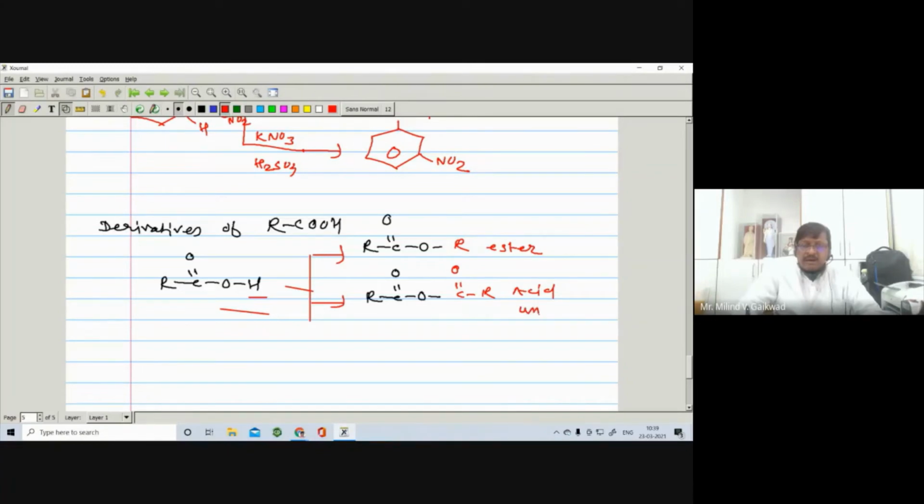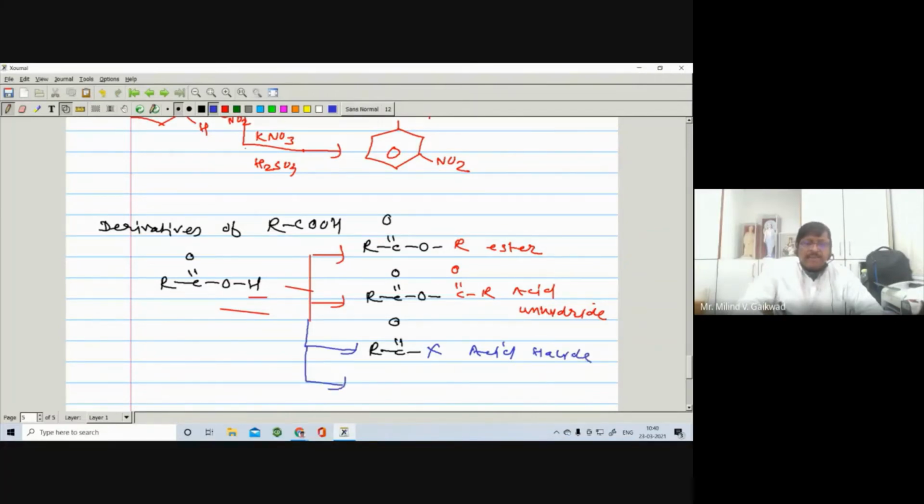Acid anhydride. So you have replaced the H, and you get this type of example. Suppose OH is replaced by another group, then what happens? If the OH in R, C double bond O is replaced by a halogen, it is called an acid halide.